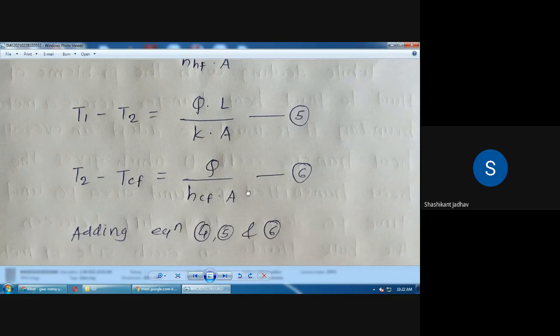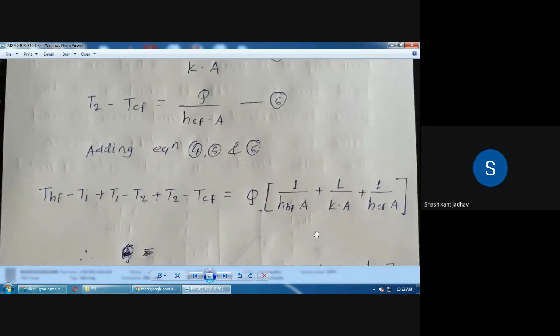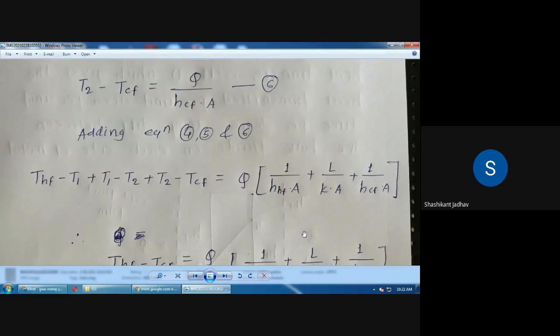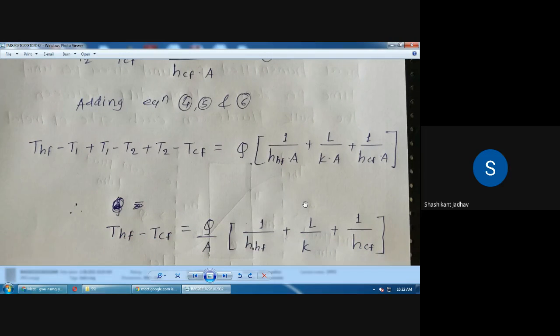Adding equations 4, 5, 6: T_HF minus T1 plus T1 minus T2 plus T2 minus T_CF is equal to Q into bracket 1 upon h_HF into A plus L by K plus 1 upon h_CF into A. The area is the same for the three layers, so we take area as common. T1 and T2 cancel.